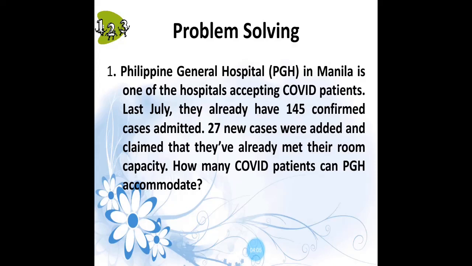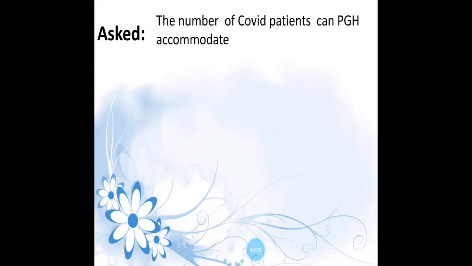Last July, they already have 145 confirmed cases admitted. 27 new cases were added and they claimed that they've already met their room capacity. How many COVID patients can PGH accommodate? So, we're going to have what is asked. The number of COVID patients PGH can accommodate.